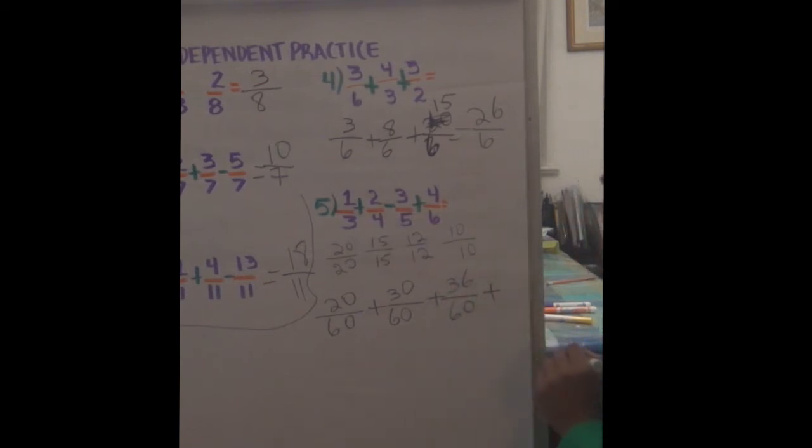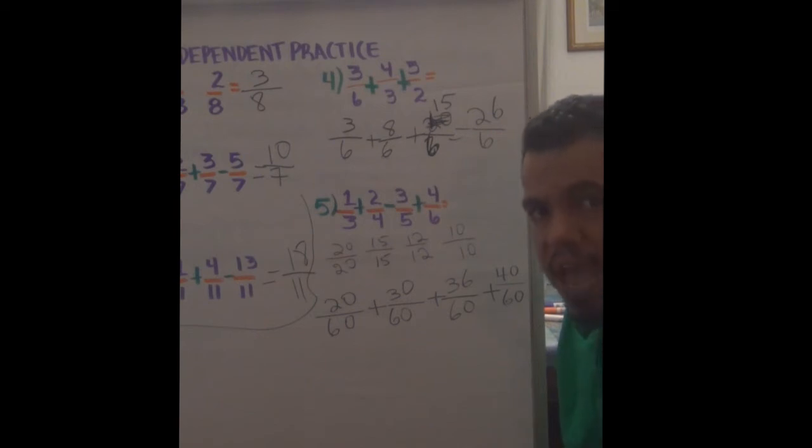And last but not least, multiplying 10 by 10 over 10, I get this to be 40 over 60. And now I'm ready to add.